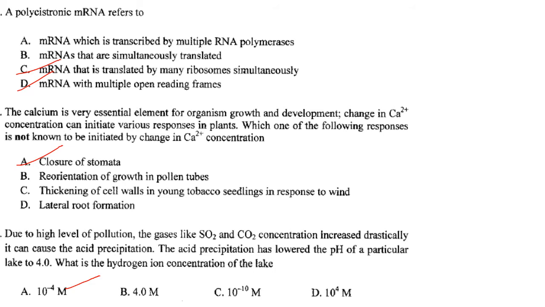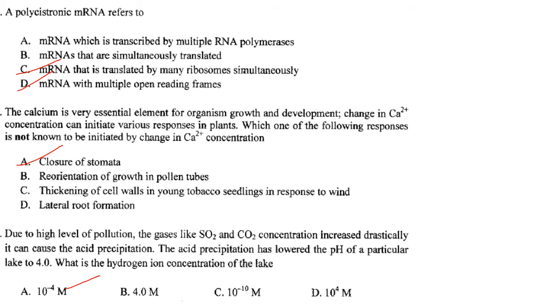Now closure of stomata is driven by potassium, not Ca2+ ions. So guard cells accumulate K+, which results in opening of stomata, and release of K+ results in closing of the stomata. So answer is option A, that is closure of stomata. So it's not driven by Ca2+ ions.